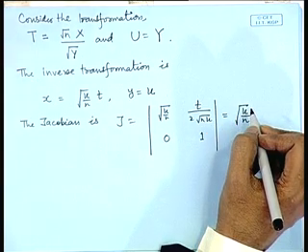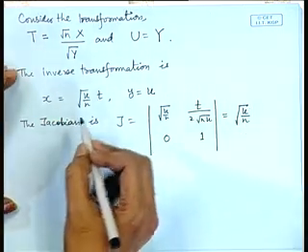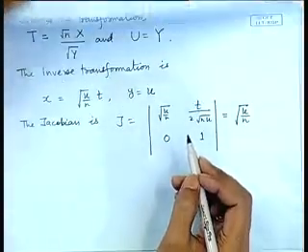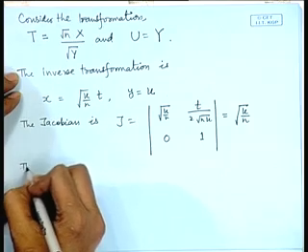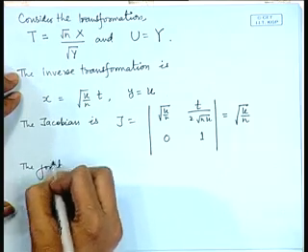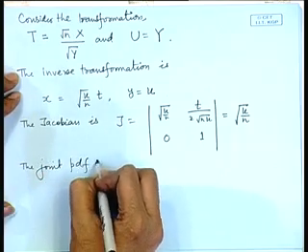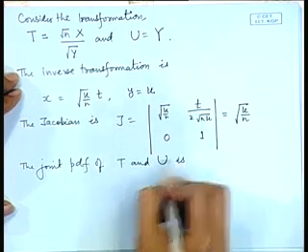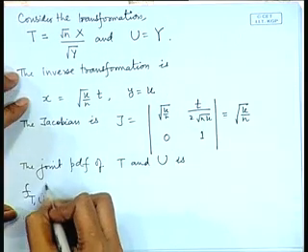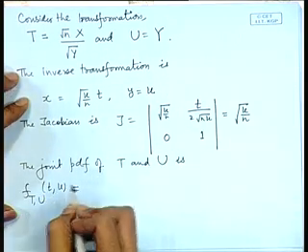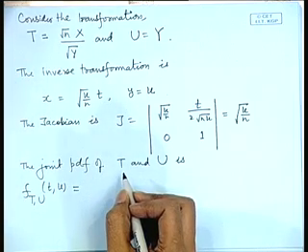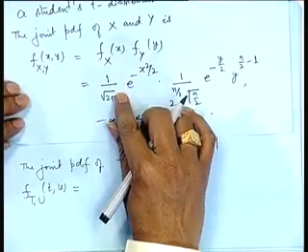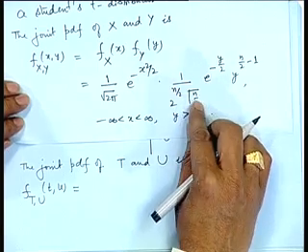So, if we substitute this in the joint density of X, Y and multiply by the Jacobian, we get the joint probability density function of T and U, f of t, u. So, let us substitute the values here. 1 by root 2 pi and all this is constant.